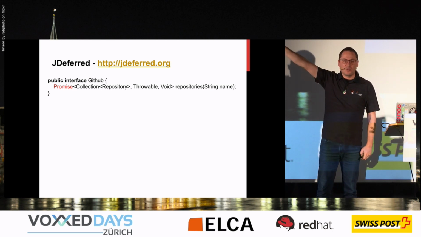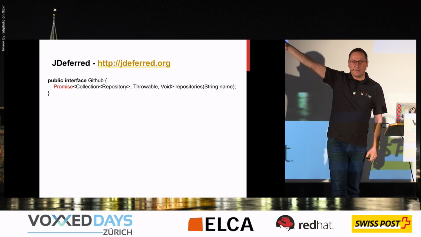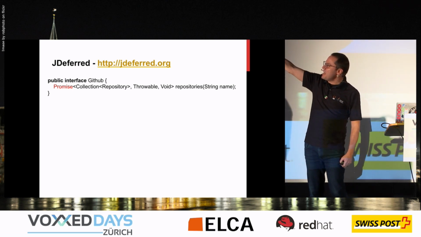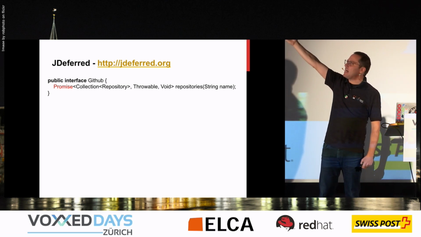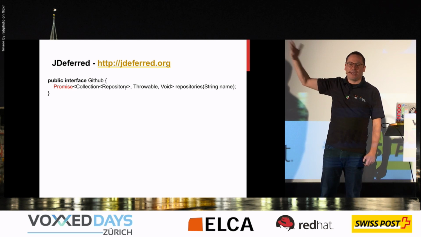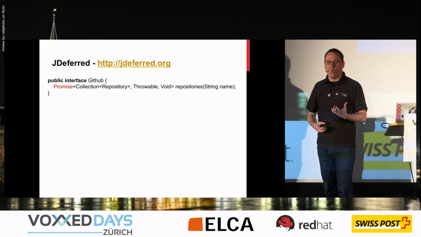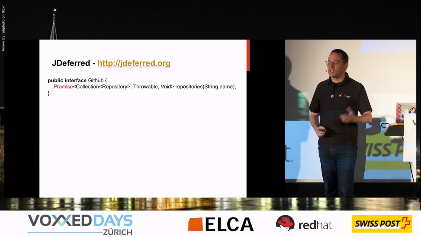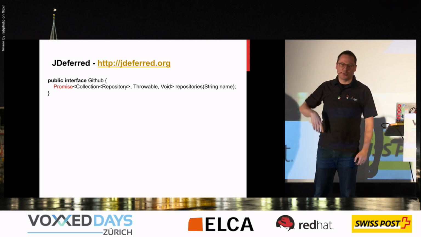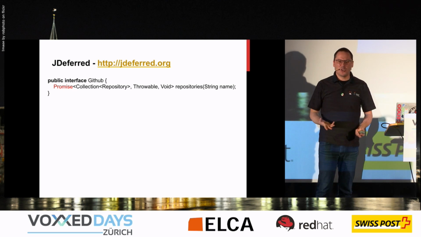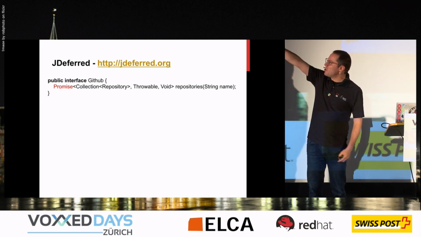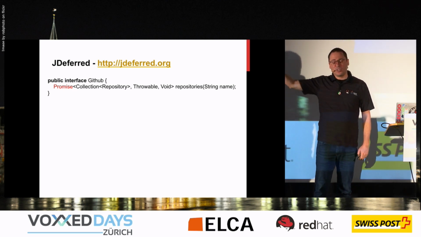And that goes back to remember that red slide that we saw earlier on, that promise object? So what we're seeing here is that when we issue a call like that, repositories with a name, we get back an object that is able to handle whenever a result comes in. That result will be a collection of repositories. If there is an exception or an error, then the second type is what we're going to receive.